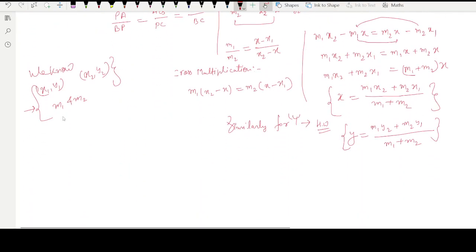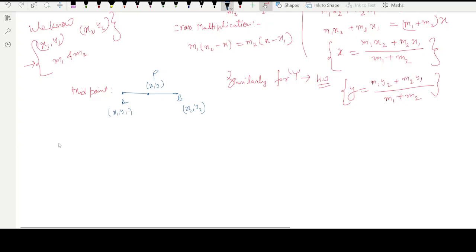Now let's see a simple application, the midpoint. What if A and B are two points, A is (x1, y1) and B is (x2, y2), and there is a point P (x, y)? If P is the midpoint of AB, what is the value of P?